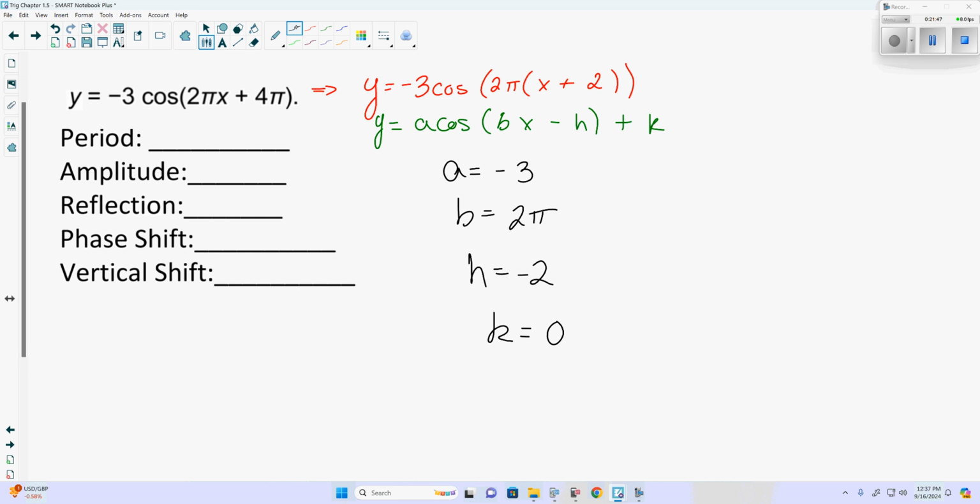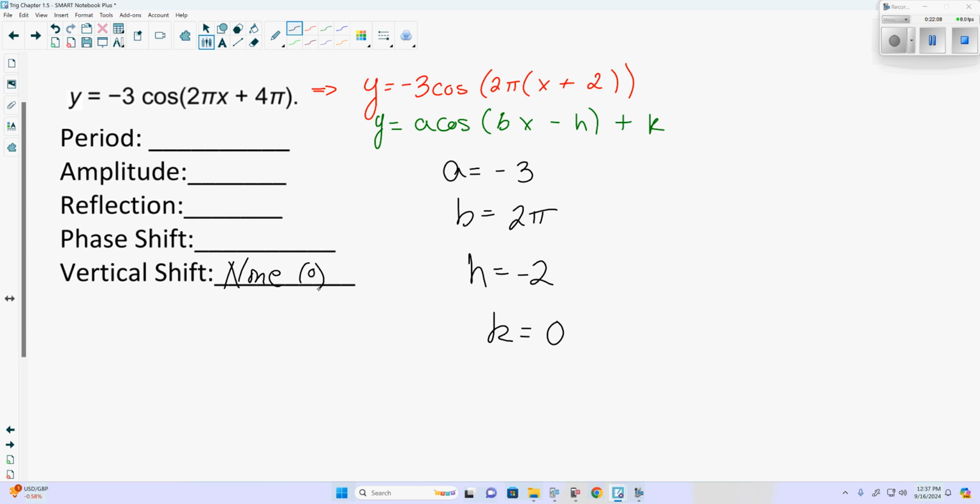Well, out of all of them, there's one that's really nice, and it's vertical shift, because that value is 0. So the vertical shift is none or 0, whichever way we want to do that.